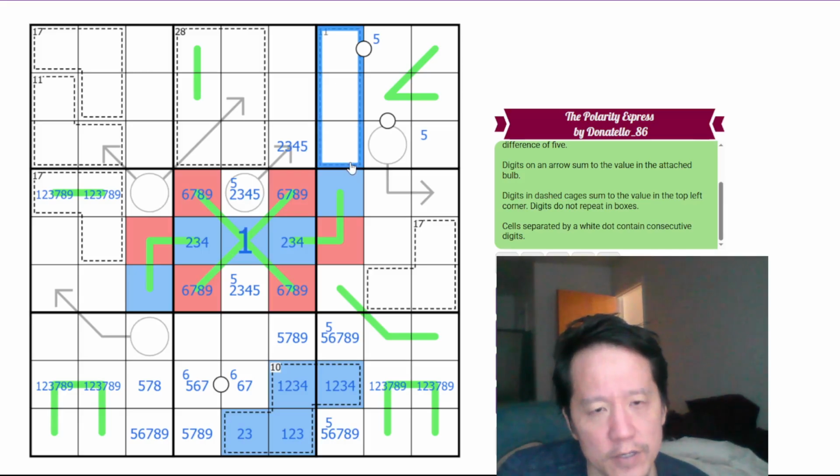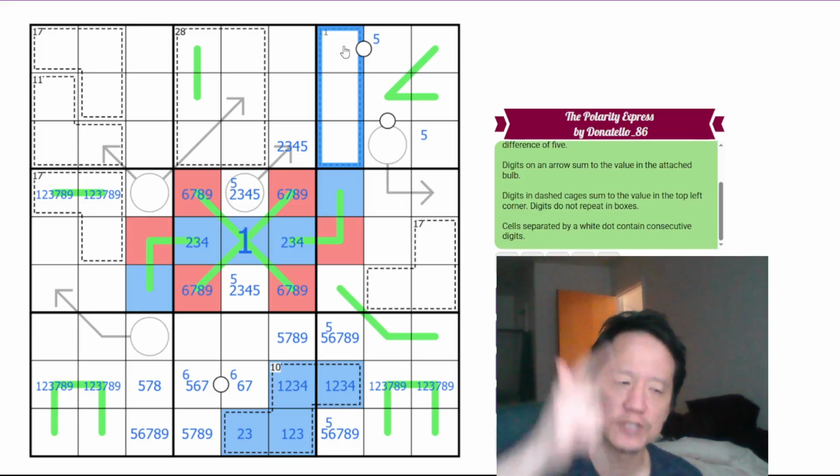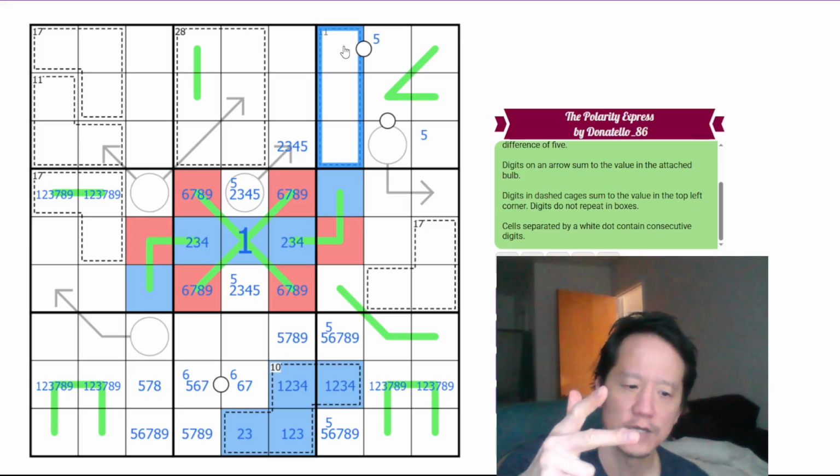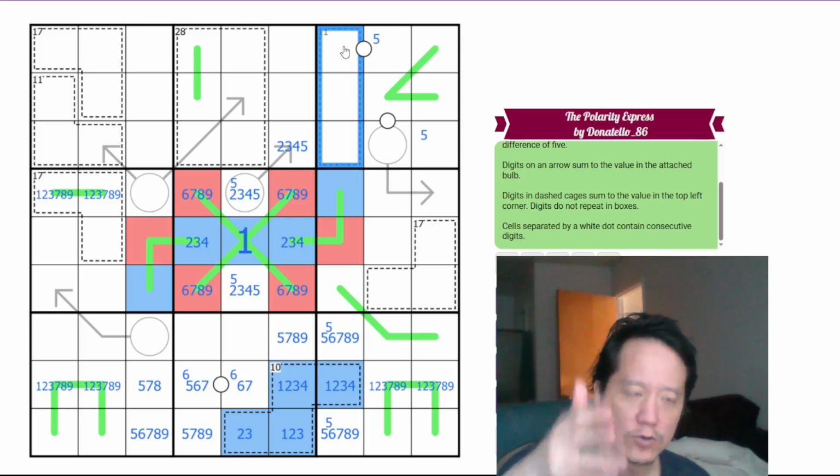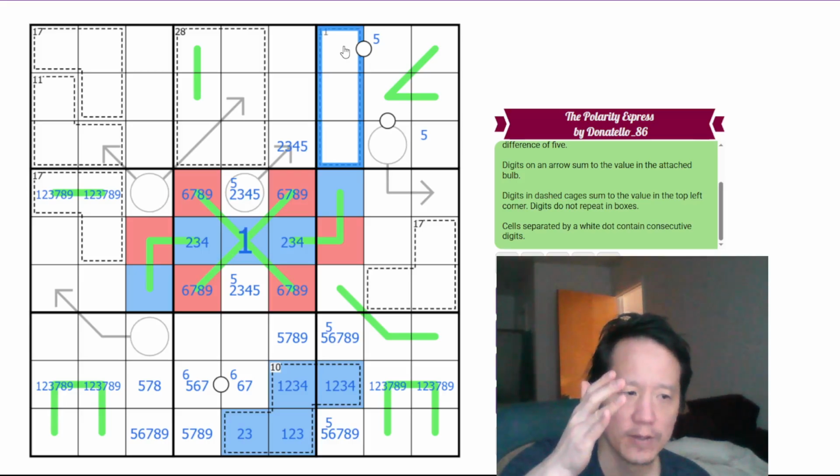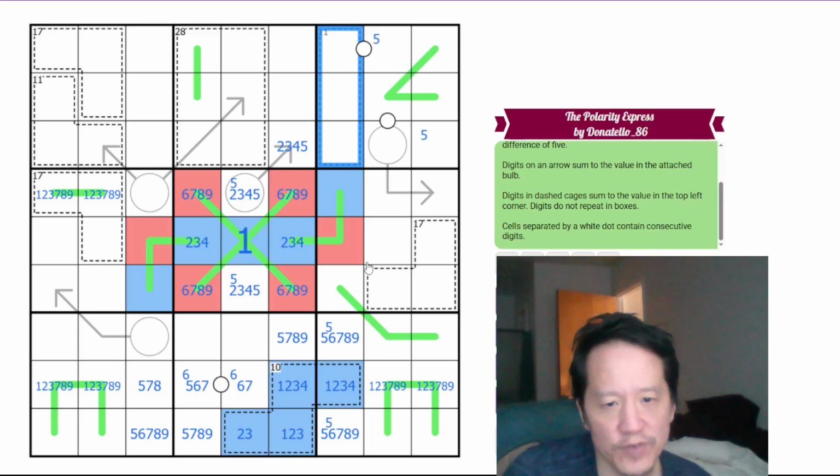Therefore, you need 2 lows here and 1 high. So therefore, you have 2 lows here. 1, 2, 8, 1, 3, 7, 1, 4, 6. And then you could have 2, 3, 6 or 2, 4, 5. But 2, 4, 5 is not allowed because 5 has to be one of these 2 cells. So this is always 2 lows and 1 high.